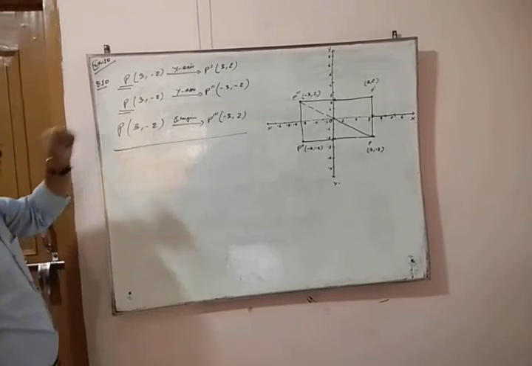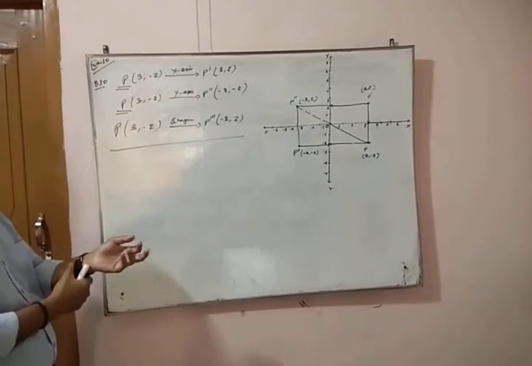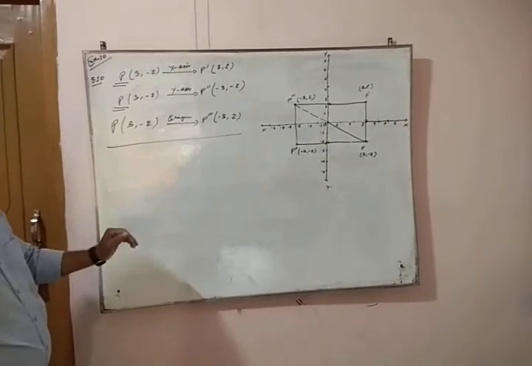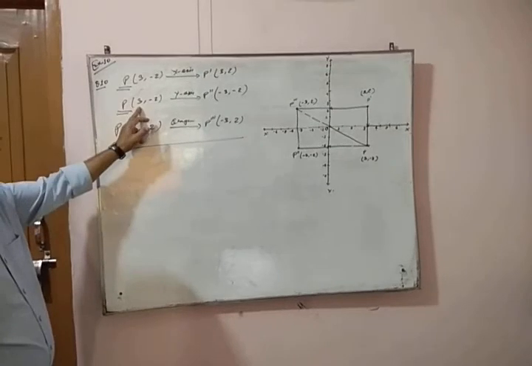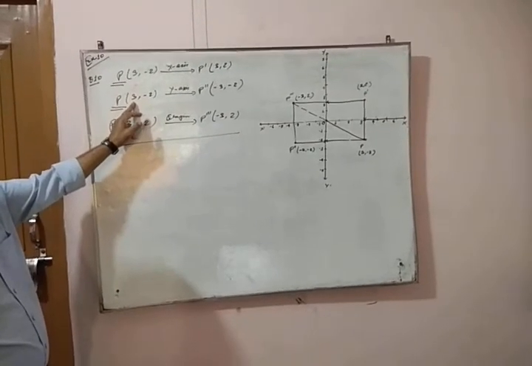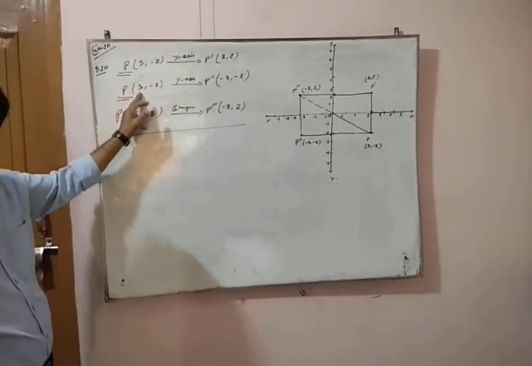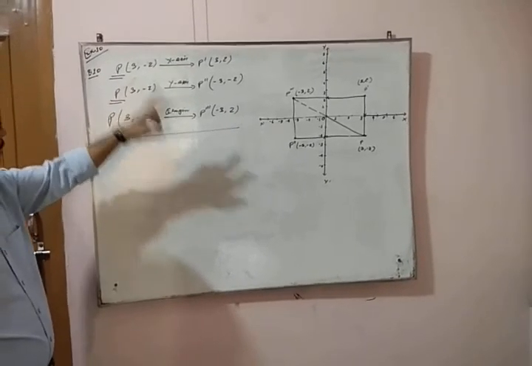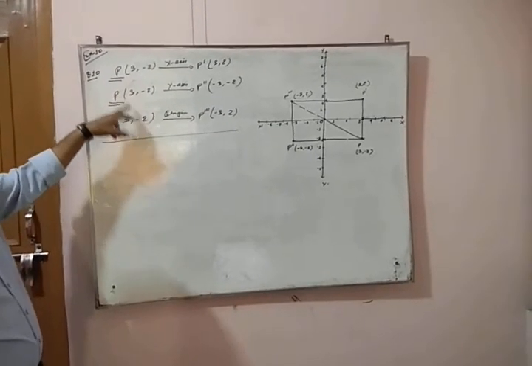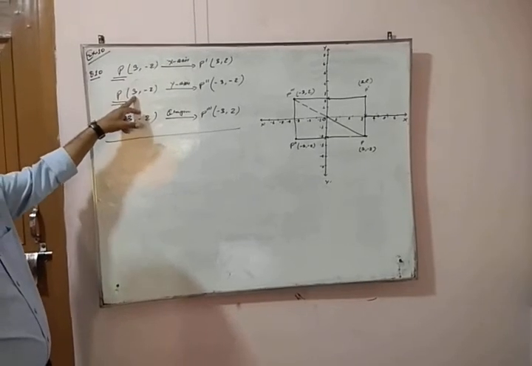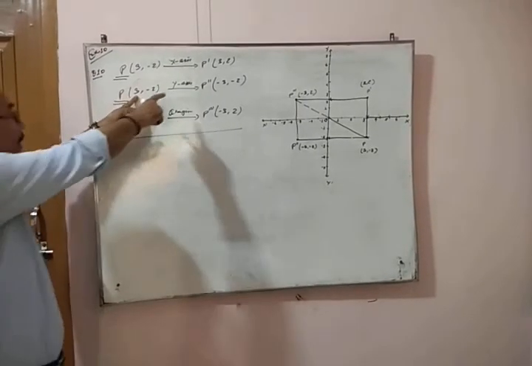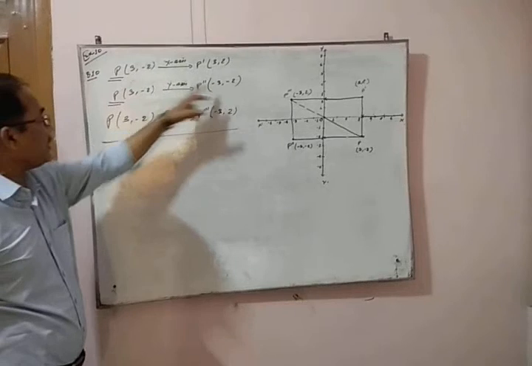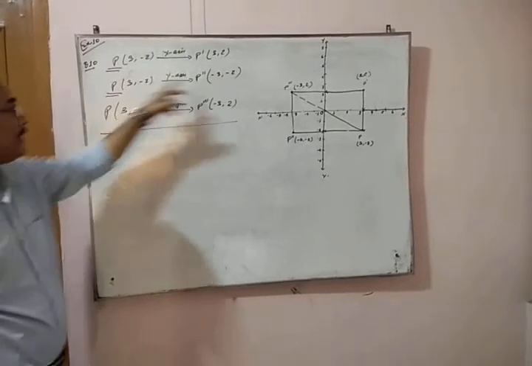If the reflection of a point is taking place from the y-axis, then the sign of the x coordinate will reverse. The value will remain the same in both cases. If it is positive, then it will become negative, like the x coordinate of the point P is plus 3. After reflection from the y-axis, it is becoming minus 3 and the y coordinate minus 2 is remaining the same.